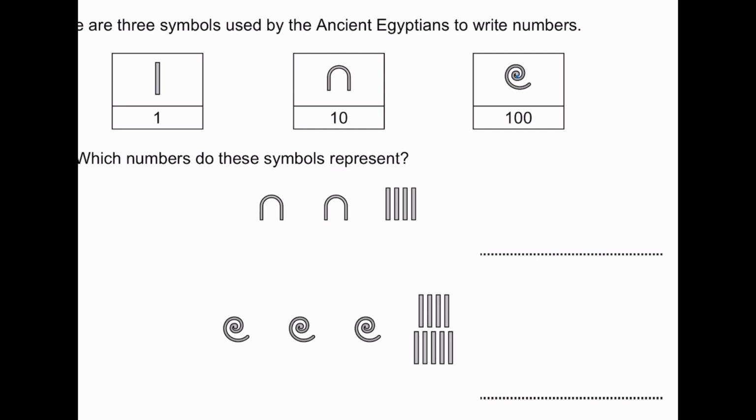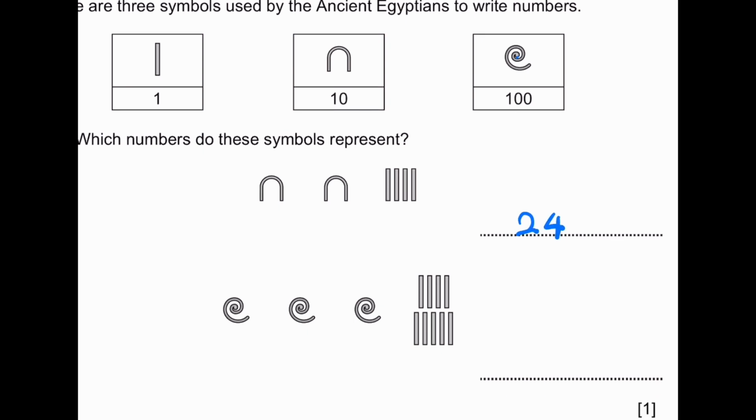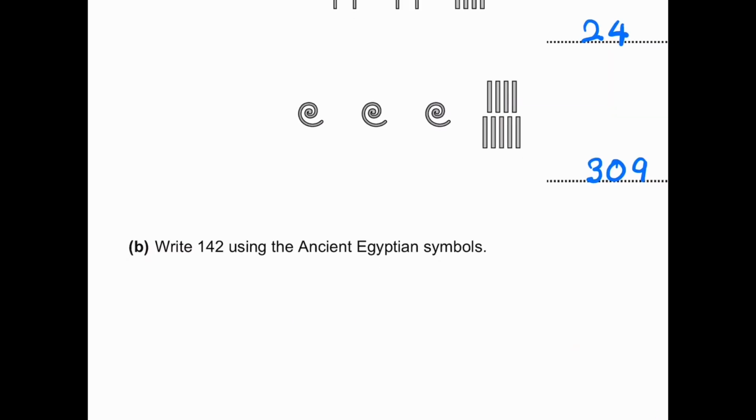Here there are 2 U-shaped ones and 4 rectangles, so the number is 24. In this one, there are 3 swirlies and 9 rectangles, so the number is 309.